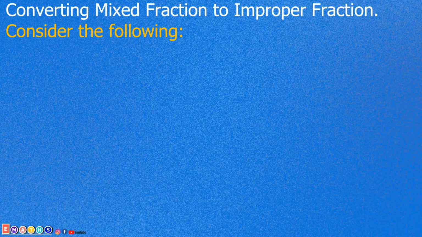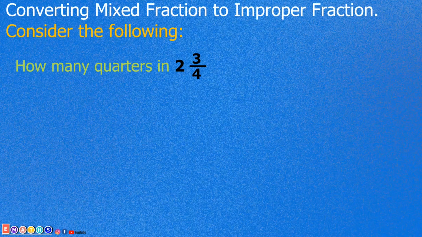Converting mixed fraction to improper fraction. Consider the following example. How many quarters in 2 3/4? 11 quarters.